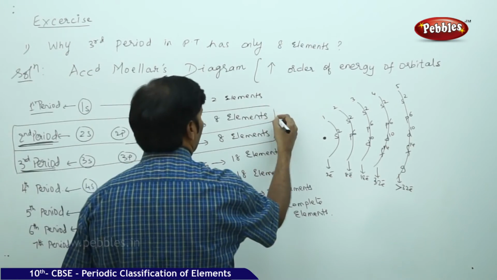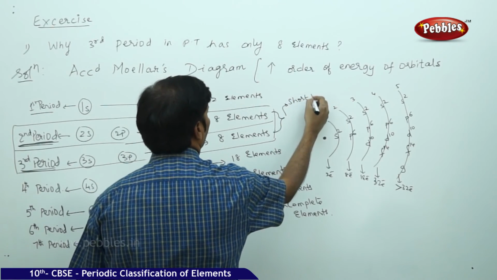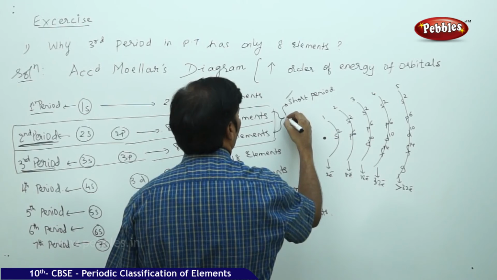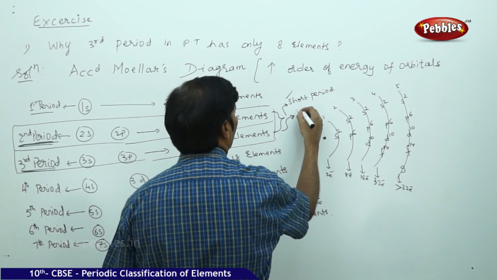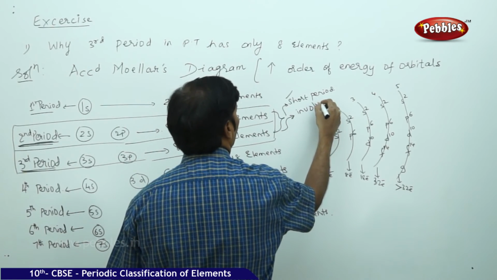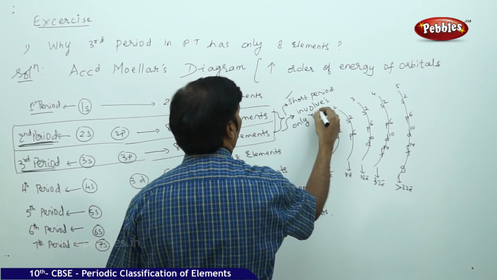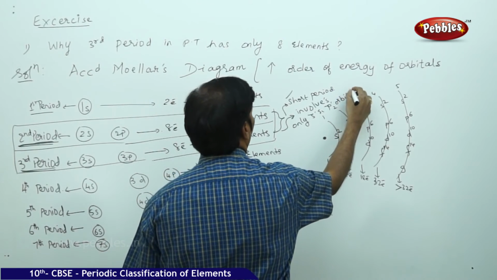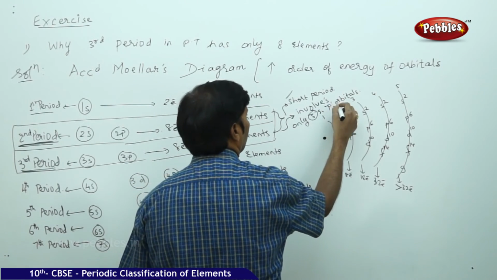The reason is very simple: it is a short period and it involves only s and p orbitals.